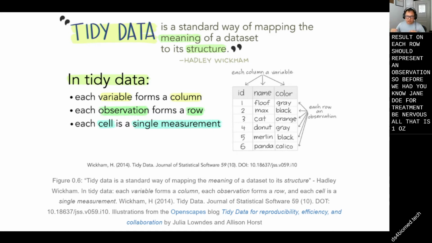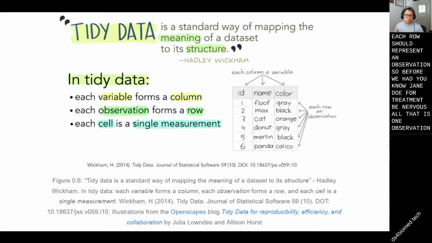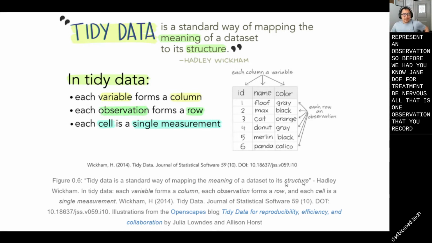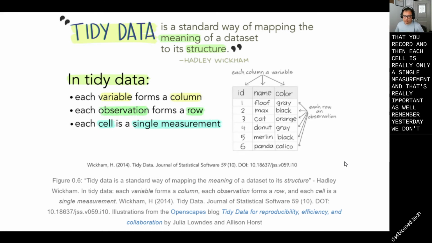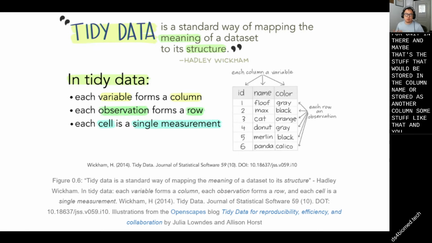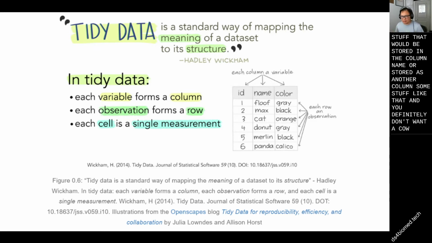That is one observation that you record. And then each cell is really only a single measurement, and that's really important as well. Remember yesterday, we don't want to put in a character for a unit in there. Maybe that's the stuff that would be stored in a column name or stored as another column, some stuff like that. And you definitely don't want a color designating different pieces of your data set.